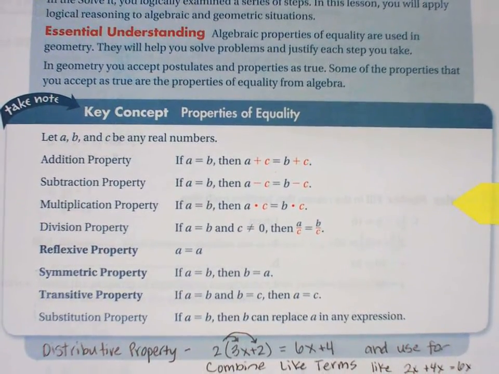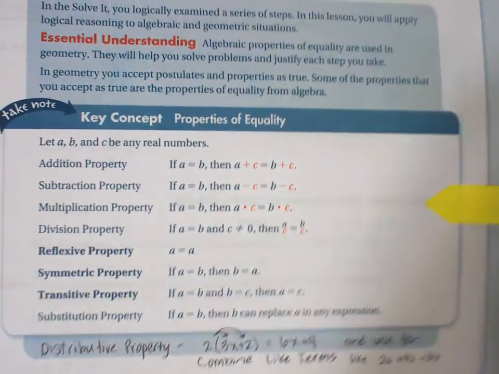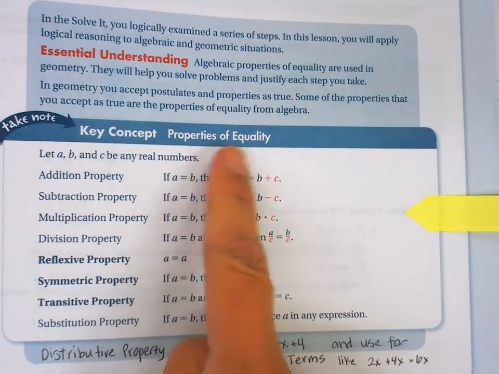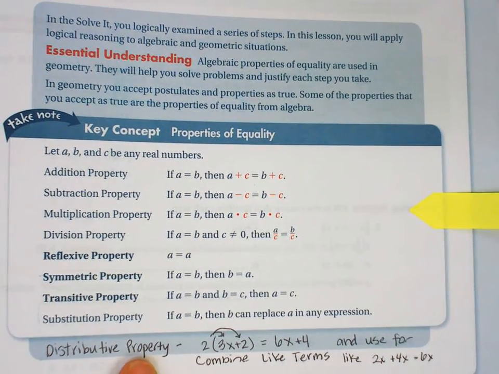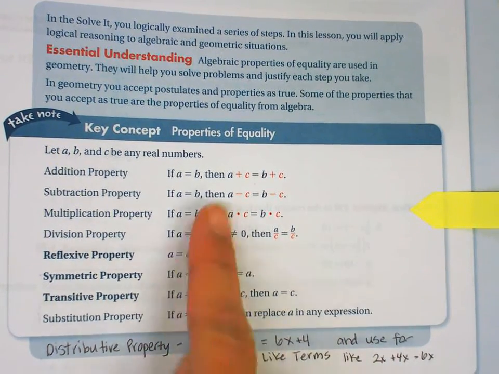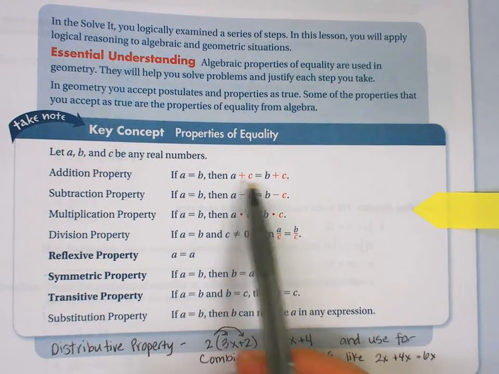Some of them are common sense, like the addition property of equality. It just says addition property, but it's a property of equality. The distributive property I added to the bottom, it's not a property of equality. Properties of equality show things that can be done to both sides of an equation.